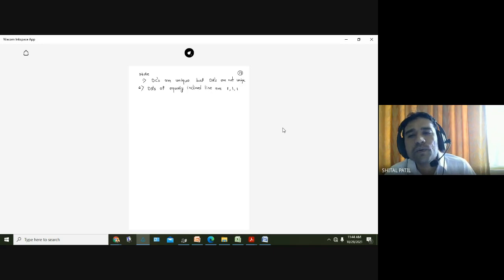Direction ratios of an equally inclined line are 1, 1, 1. Someone may say that it is 10, 10, 10. Correct? Someone may say that minus 17, minus 17, minus 17. Correct? But it is better to consider 1, 1, 1.